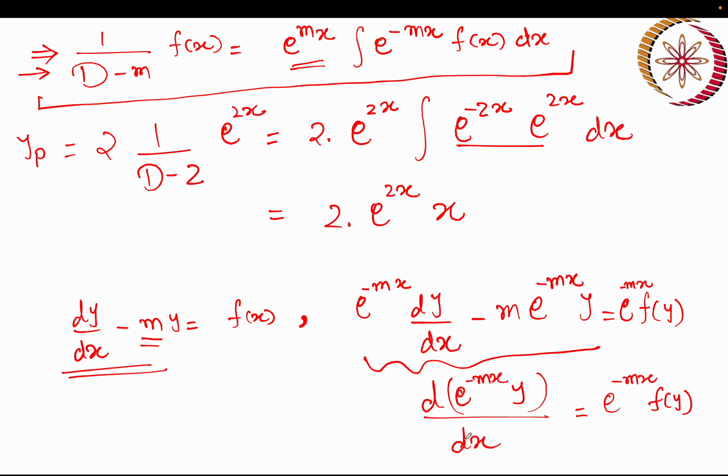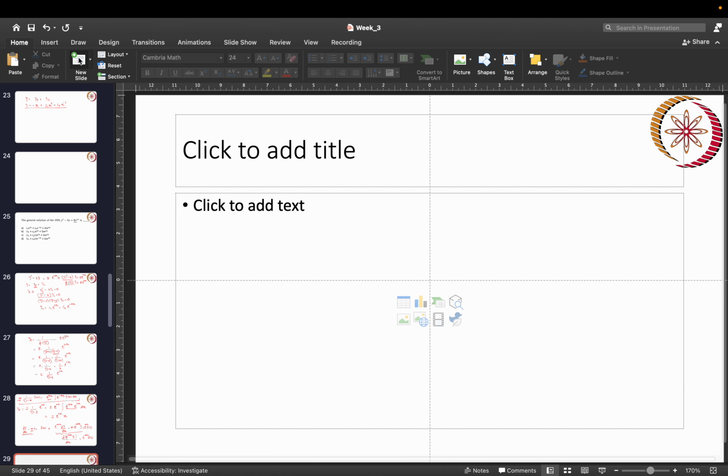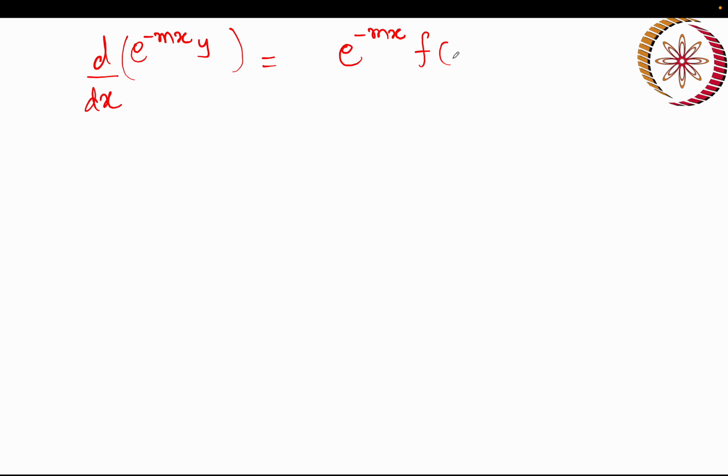Okay, I'll add a new slide. So what we have is d of e raised to minus mx y by dx is equal to e raised to minus mx f of x, and if we integrate both sides, on the right we'll get the integral of e raised to minus mx f of x dx, and on the left side we'll get e raised to minus mx y.